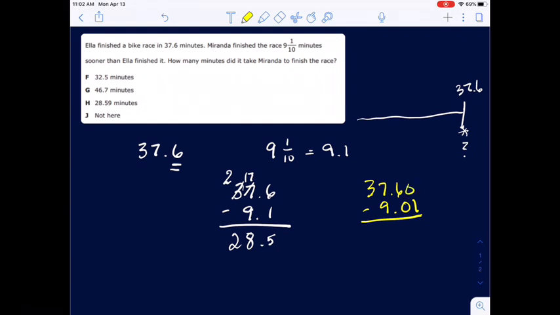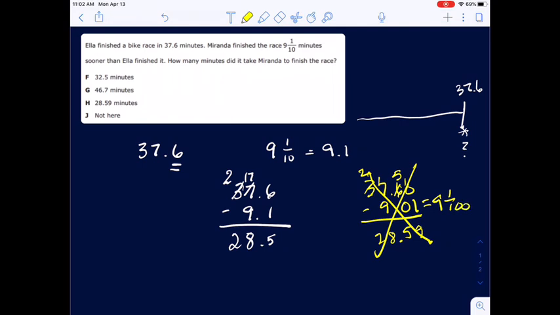Does my decimal number represent 9 1/10? No, it represents 9 100th. But if I subtract this out, I get H. But this can't be right because this is 9 100th.